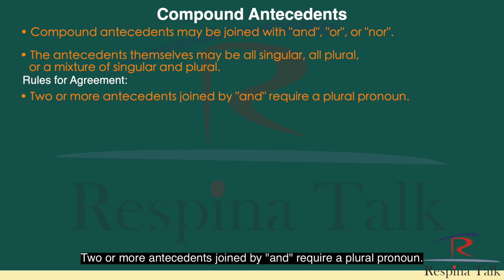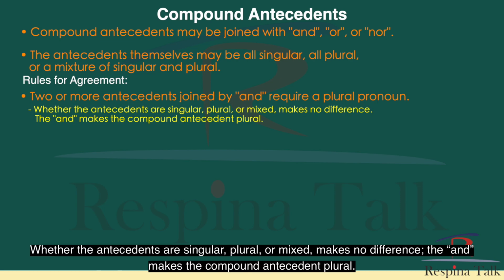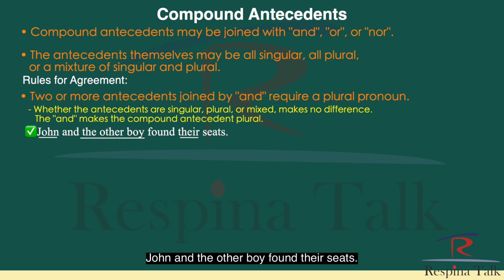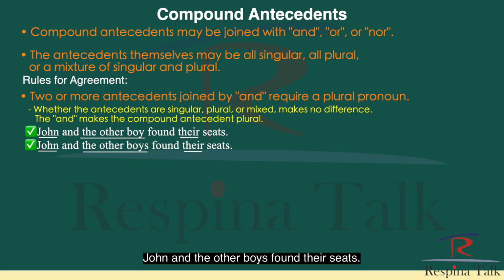Two or more antecedents joined by and require a plural pronoun. Whether the antecedents are singular, plural, or mixed makes no difference. The and makes the compound antecedent plural. Check out these examples. John and the other boy found their seats. John and the other boys found their seats.